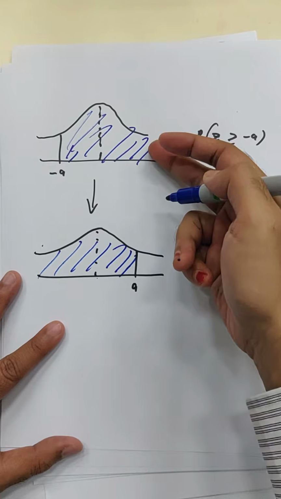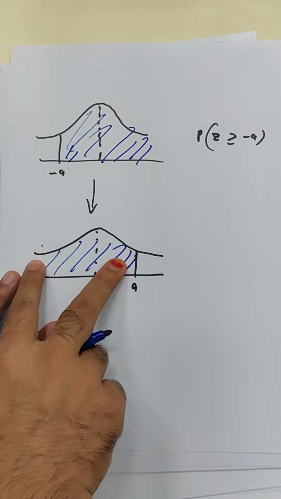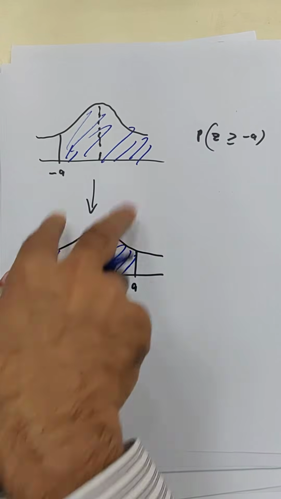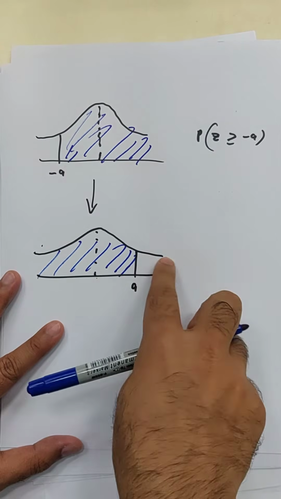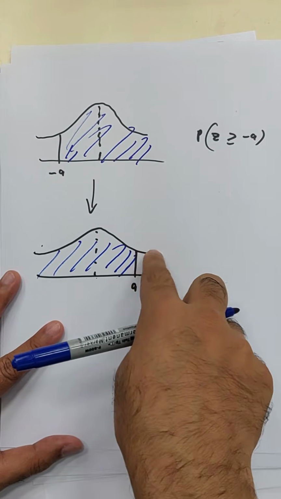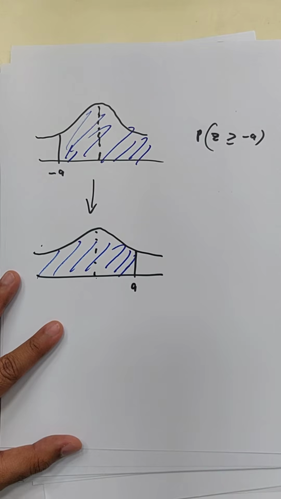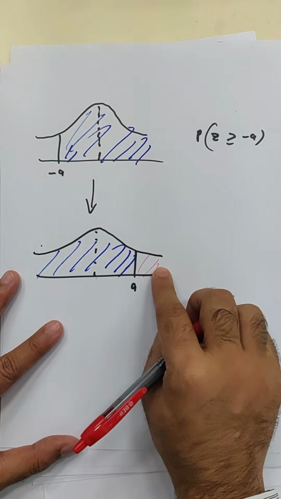Are they still the same? This blue value over here, is it still the same as the blue value over here? The probabilities are still the same. So I just want to take this part out. How do I take this part out? You remember how to take this part out?